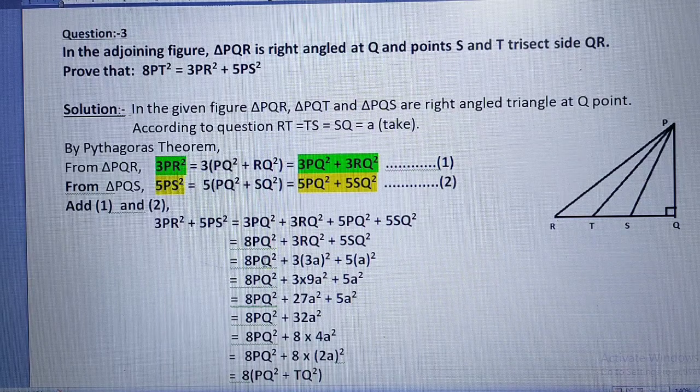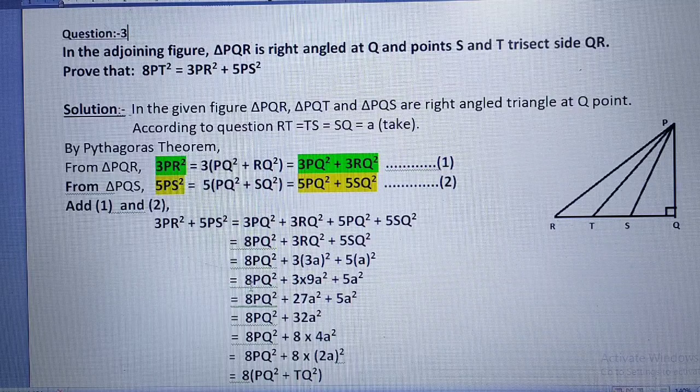Next step, 8PQ square plus 3 bracket 3a whole square. In place of RQ, I have written 3a, because RQ means a plus a plus a, since RT equals TS equals SQ equals small a, so RQ is equal to 3a. So 3 times (3a) whole square plus 5 into a square, because SQ is equal to a.